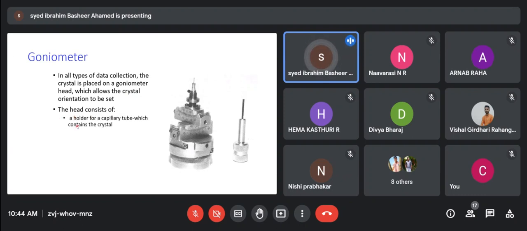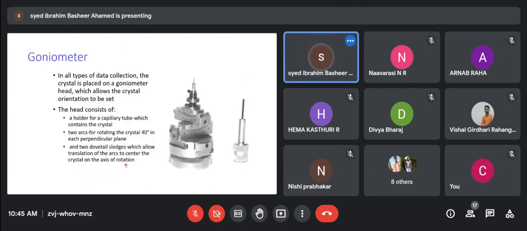The head consists of a holder for a capillary tube, which contains the crystal, two arcs for rotating the crystal 40 degrees in each perpendicular plane, and two Dow-Vitale sledges, which allow translation of the arcs to center the crystal on the axis of rotation. So it is called a 4-angle diffractometer.